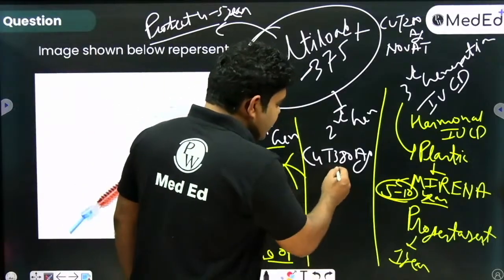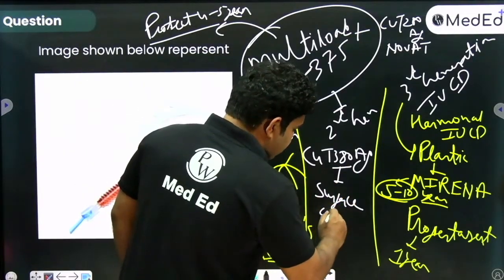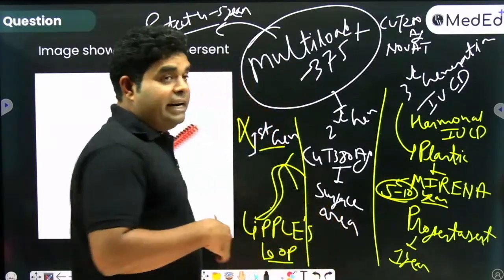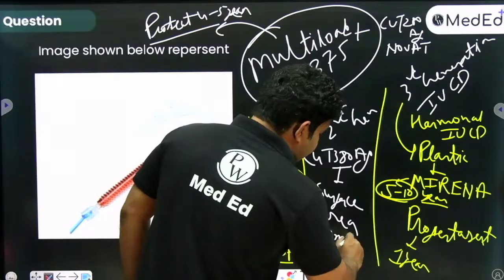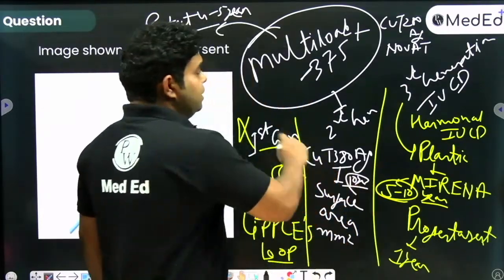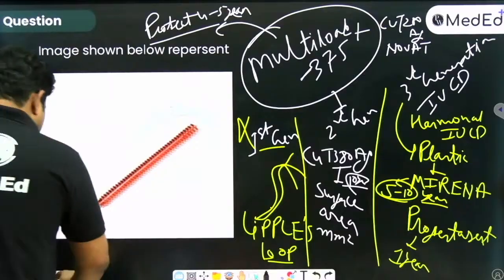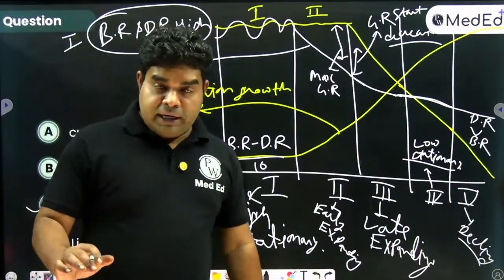And what is this 380? 380 is the surface area. They ask the question whether the surface area is in centimeter square or millimeter square. Surface area is in millimeter square. And of course, it protects for 10 years. So these are the three generation IUCDs and very good. All of you were correct. This is multi-load 375, second generation IUCD.